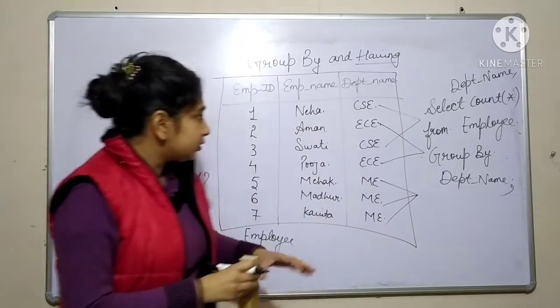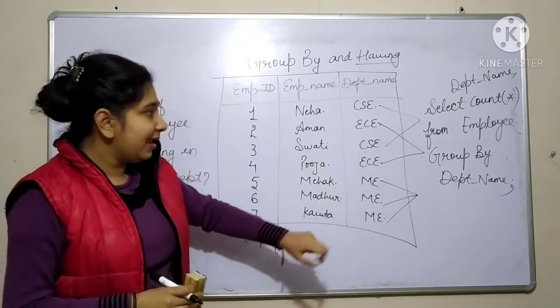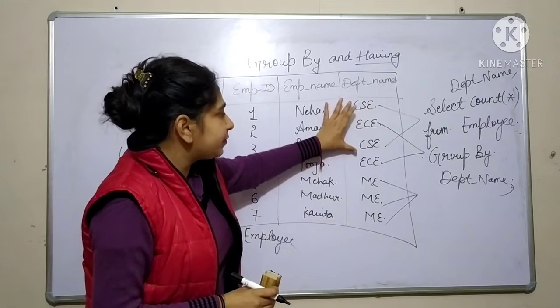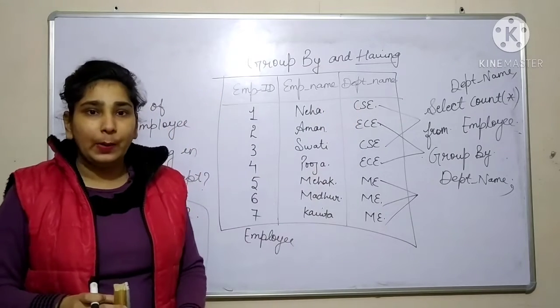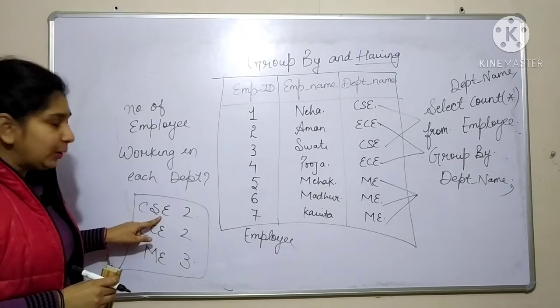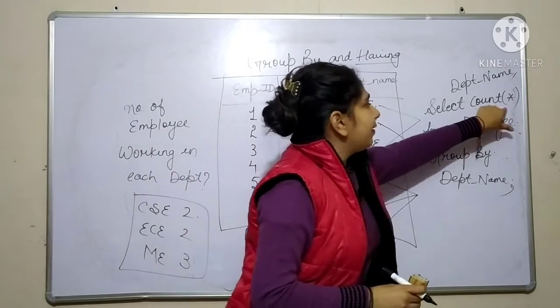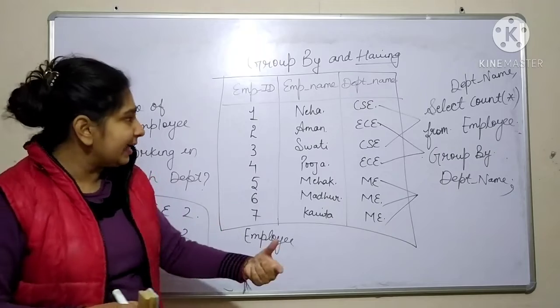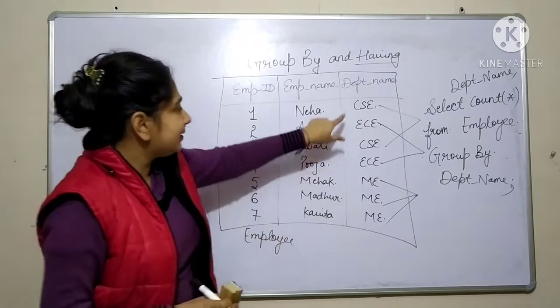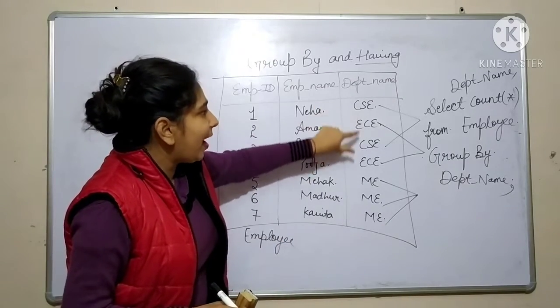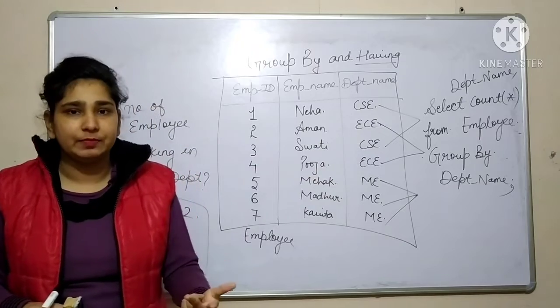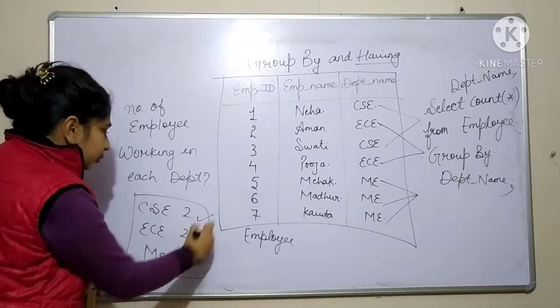I have made one group of CSE. What is my first department name? CSE, comma, COUNT(*). How many times are we getting CSE in the department name? 2 times. So 2.